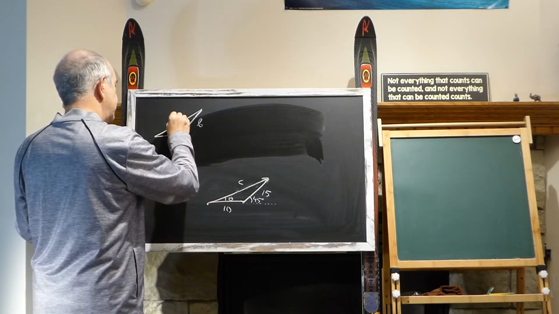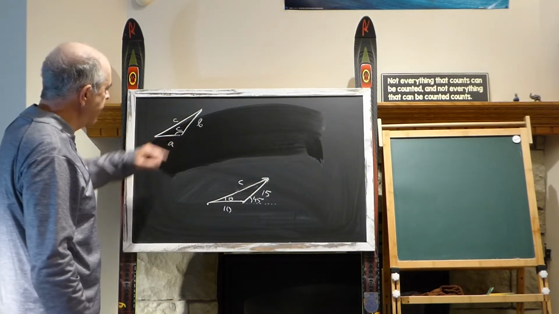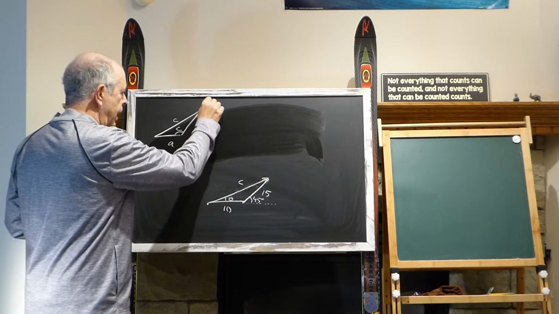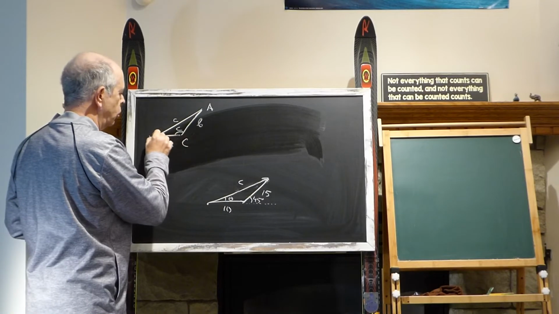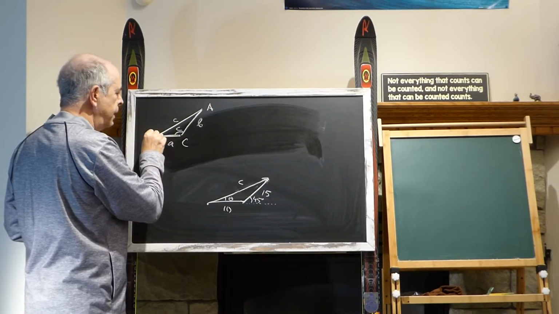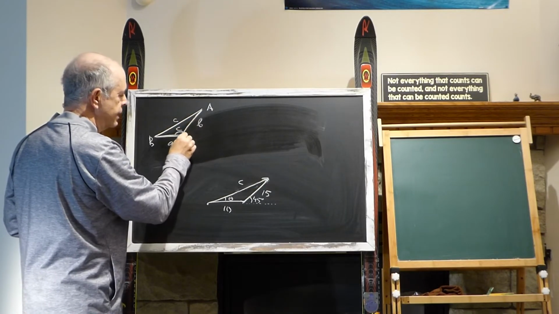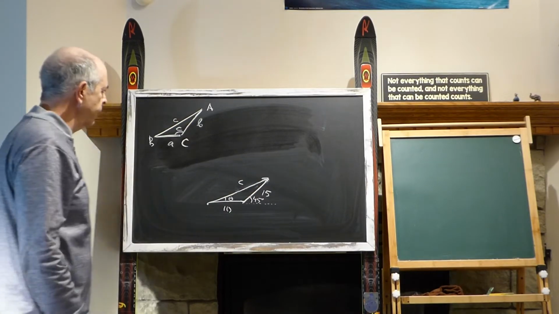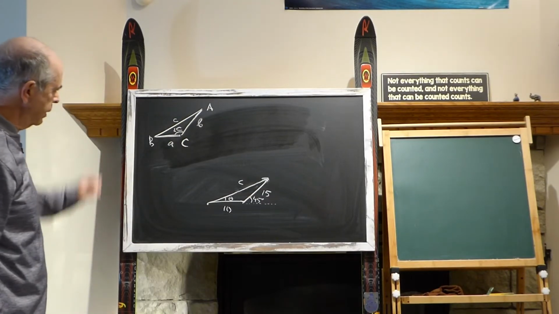Then this side would be c lowercase, and I put this C capital and this c lowercase because this would be A, this would be B, and this would be C, because a lowercase is against A capital, b lowercase is against angle B, and c lowercase is against C uppercase. So I can put angle C, so as not to be confused.